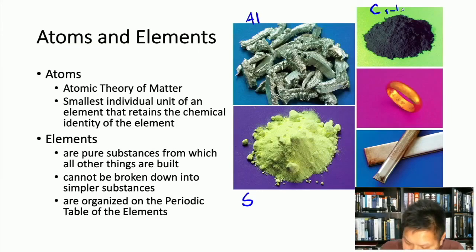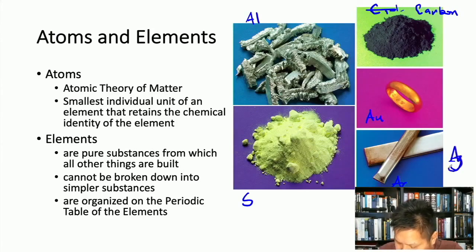Interestingly though, and this has always confused me when I was a student, the symbol for gold is AU, and the symbol for silver is AG.